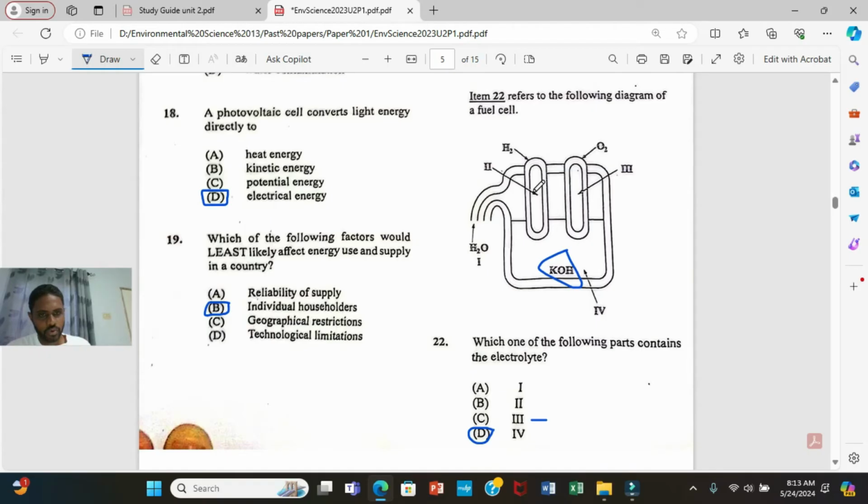So 2 would be the electrode, the anode, sorry. 3 would be the cathode, and this would be the water molecule that is actually the fuel source for producing the electricity. Of course, guys, I said that water can be used to produce electricity. It's true. This is the principle that is used.